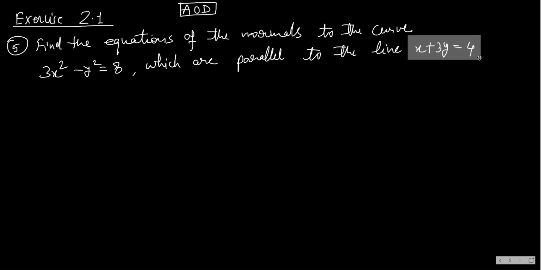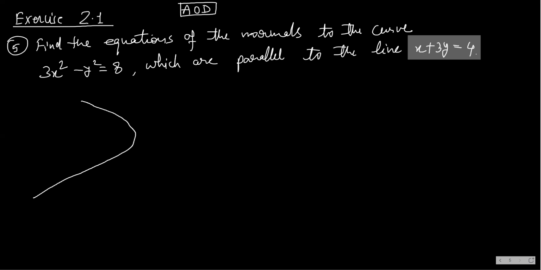So I'm given the line x plus 3y equals 4. The required normals are parallel to this line. Okay, so what I do here is, suppose I have a curve like this, and there is a line.